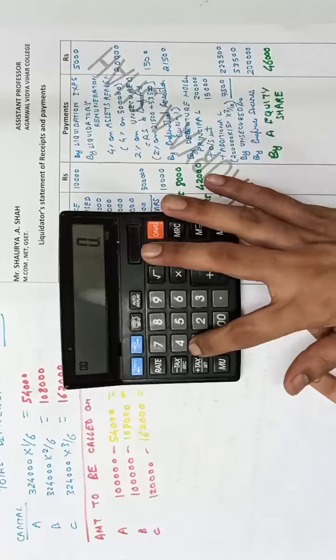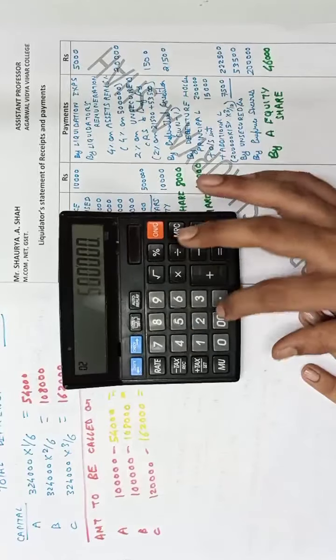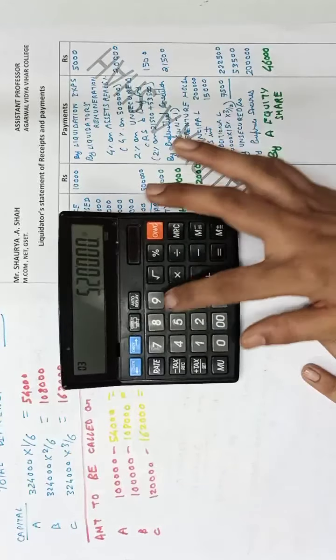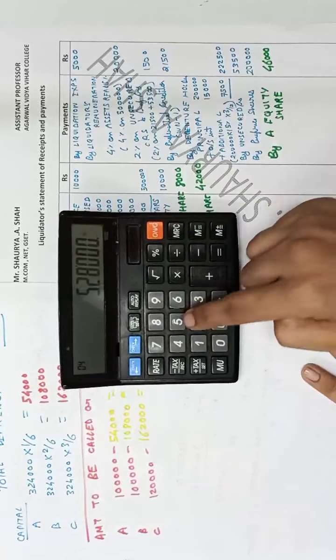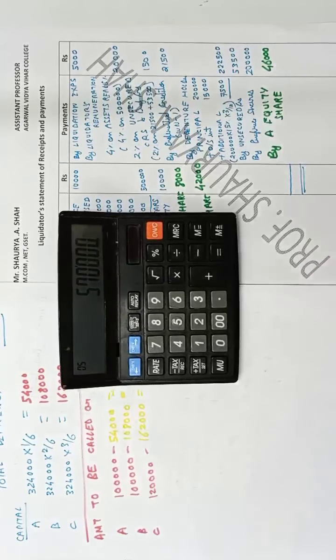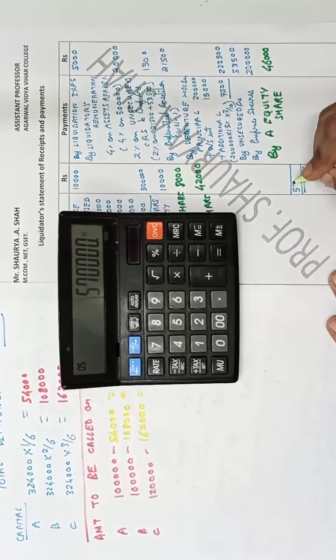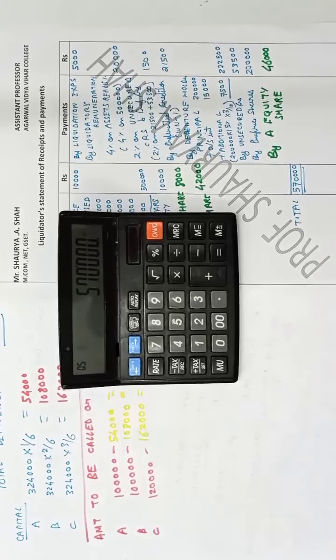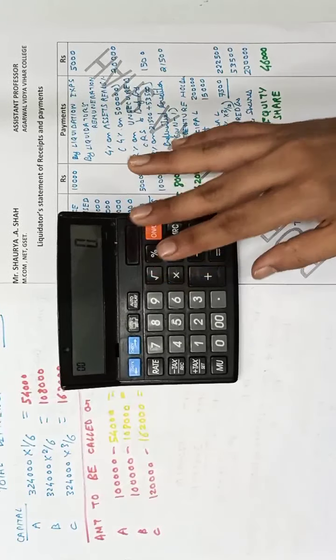Fine. So 10,000 plus 5 lakh plus 10,000 plus 8,000 plus 42,000. So I am getting the total of 5,70,000 rupees. Write down the total 5,70,000 rupees. That is my receipt side total.